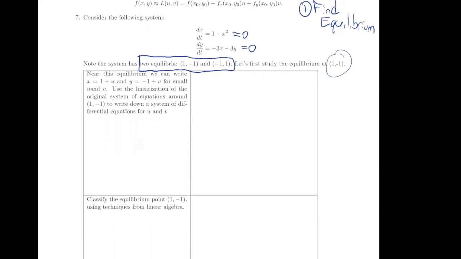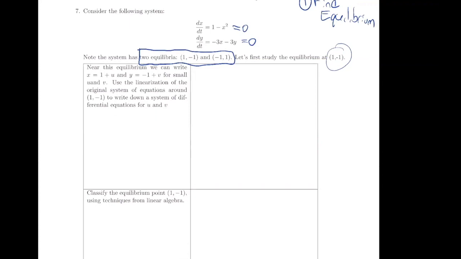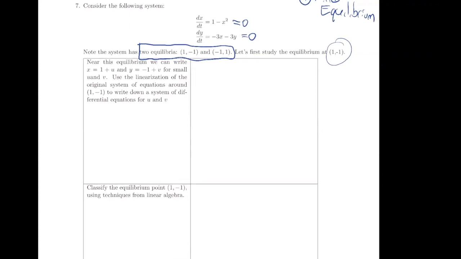Then what we're going to do is linearize both of those equations at 1, minus 1. Here's how we can do this: we're going to let x equal 1 plus u and y equal minus 1 plus v.